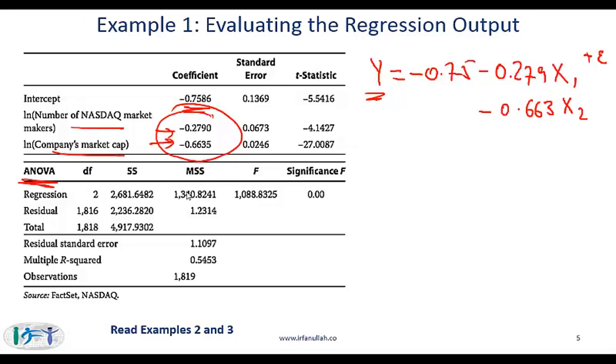You would expect that if there are more market makers, then the spread should be low, and you would expect that for larger market cap companies like Microsoft and Oracle and so on, the spread will be lower. Okay, so this is your equation, and that's the first thing that you should be able to do out of your regression output.